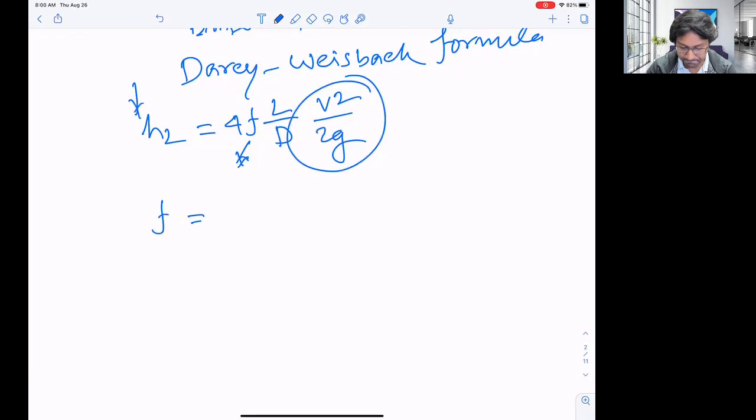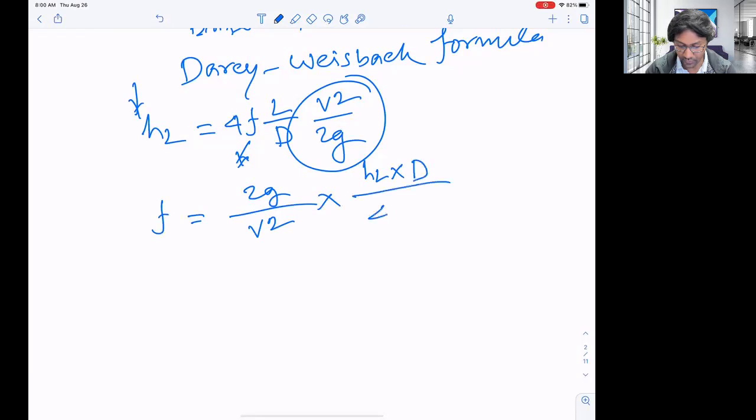So we have 2g divided by V squared, and you will have HL, and then you will have the value of D, and you will have 4, and you will have L. From this equation, if you know the length of the pipe, and in our experimental setup we have a limited length of the pipe, and we know the diameter, we'll calculate HL from the experimental setup when we use 2 piezometers at 2 different locations, and we'll calculate the velocity because we'll know the flow rate, right?